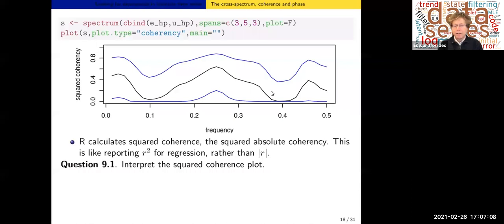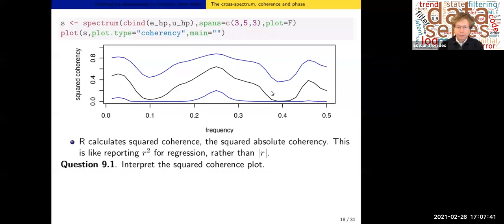The blue band is a pointwise 95% confidence interval. So this is the estimate, and this is the pointwise 95% confidence interval.